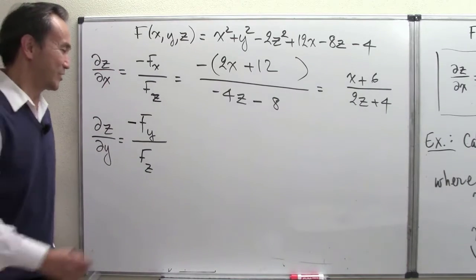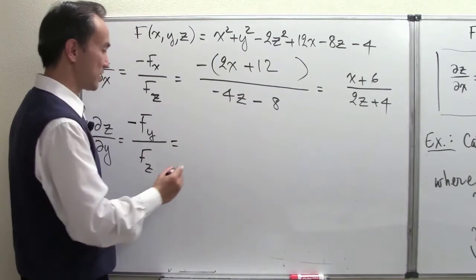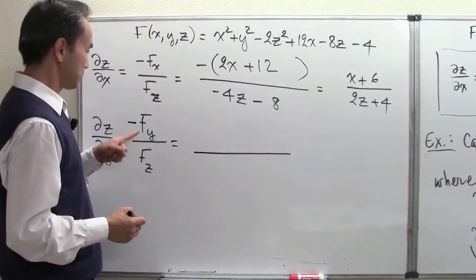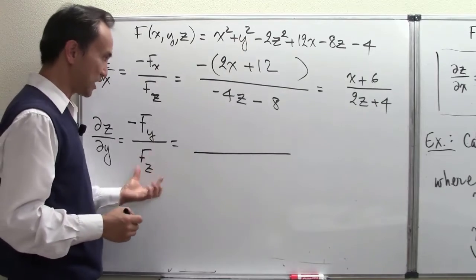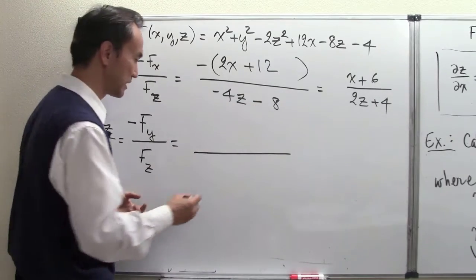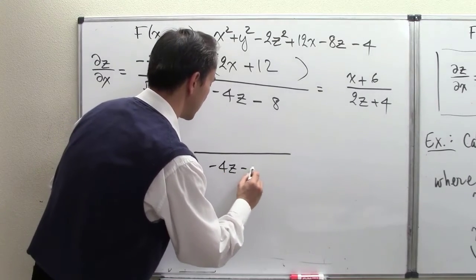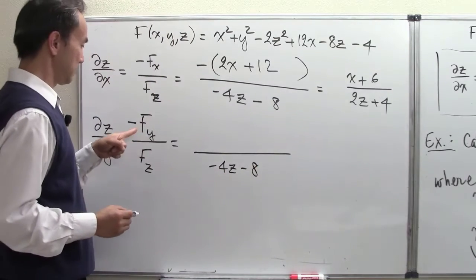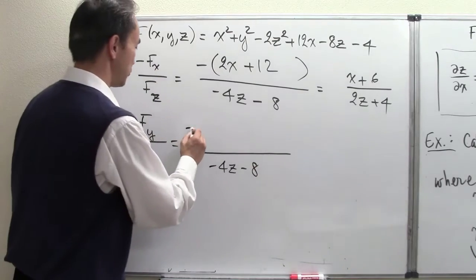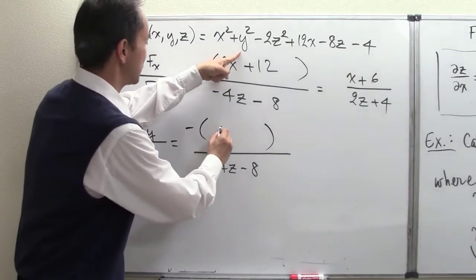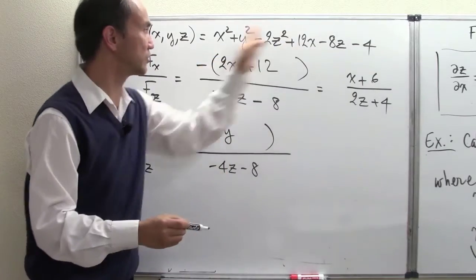Now with this formula that we have here, again I'm going to speed up the process a little bit. F sub z we have found previously from the earlier work. It's the exact same thing, so minus 4z minus 8. Now f sub y with the minus sign gives me a 2y, and everything else goes to 0.